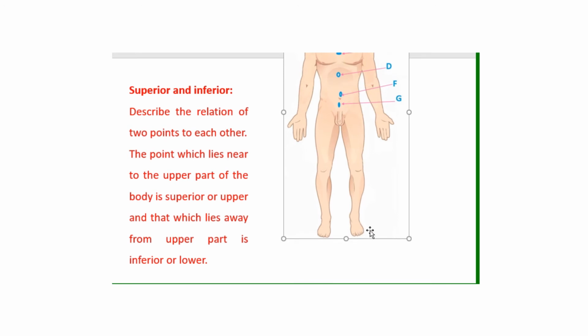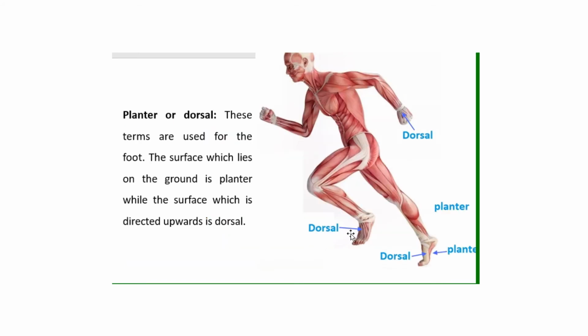The surface which touches the ground is called plantar, and that which appears upwards is called dorsal. This is the dorsal surface of the foot, and this is the plantar surface of the foot.